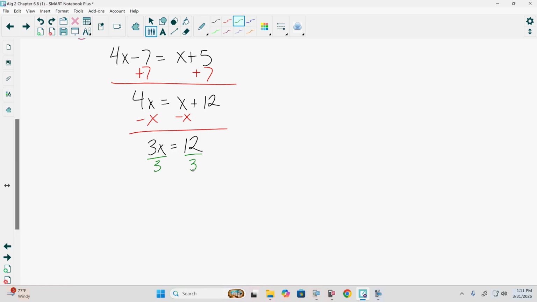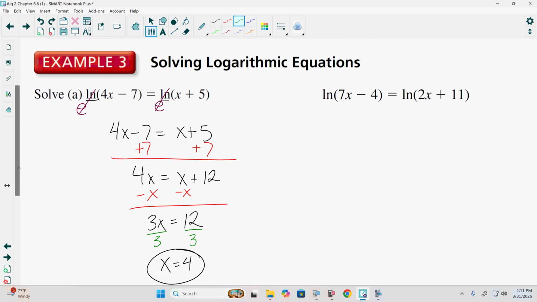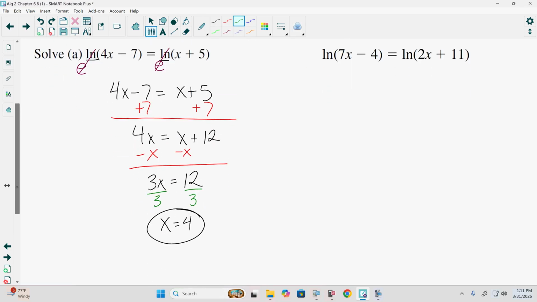If not, we'll do our next step, which is to divide by 3, telling us x is equal to 4. And we can plug it back in. 4 times 4 minus 7 would be 9. 4 times 4 is 16. 16 minus 7 is 9. Natural log of 9 is fine. Right-hand side, the natural log of 4 plus 5 is going to give us the natural log of 9. They're both the same. We're good. Questions on this here?